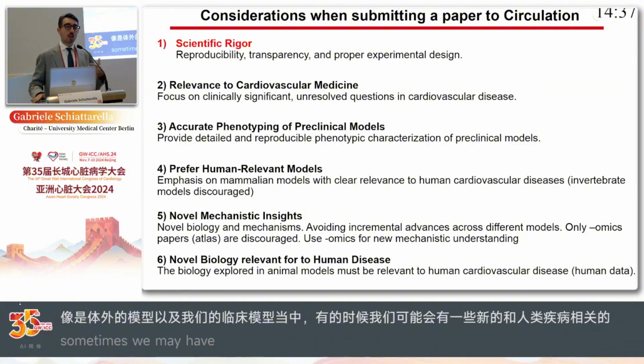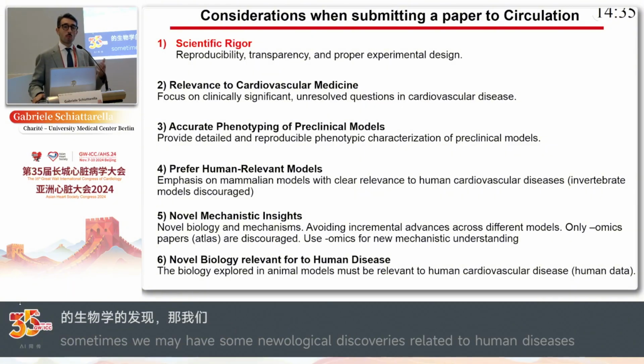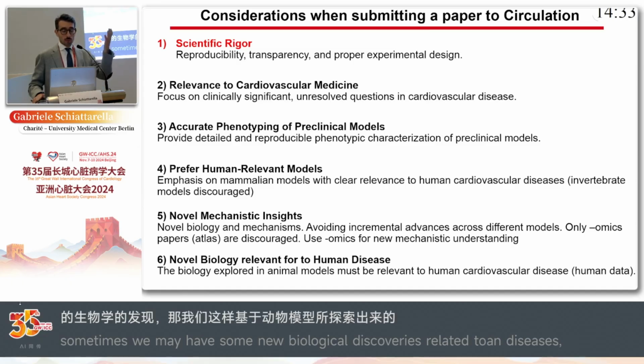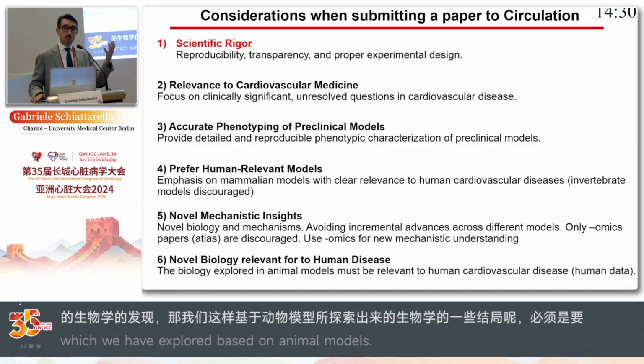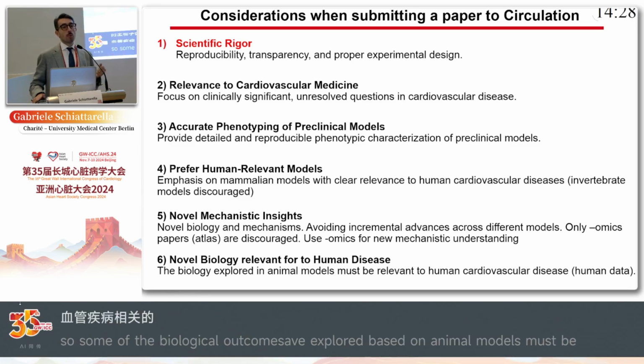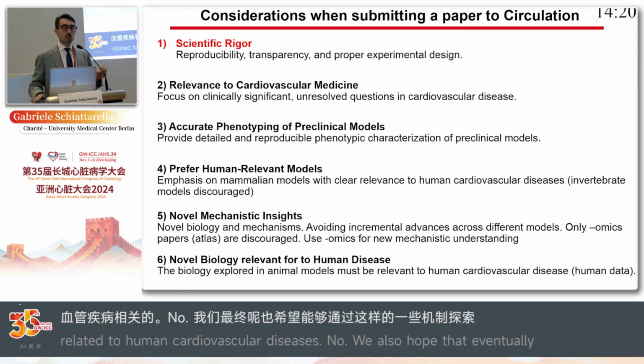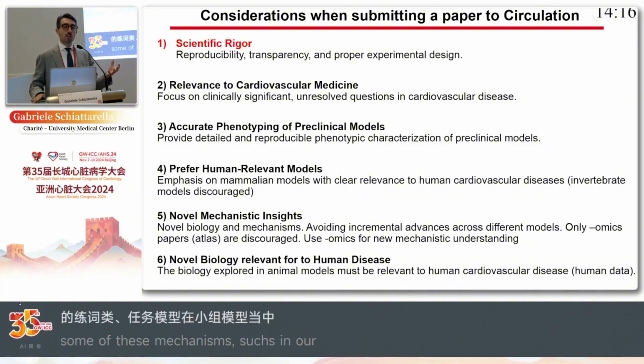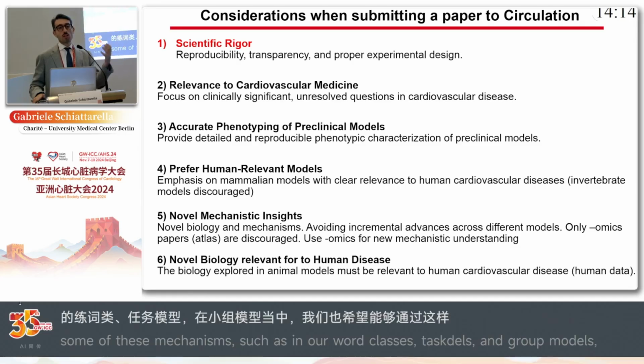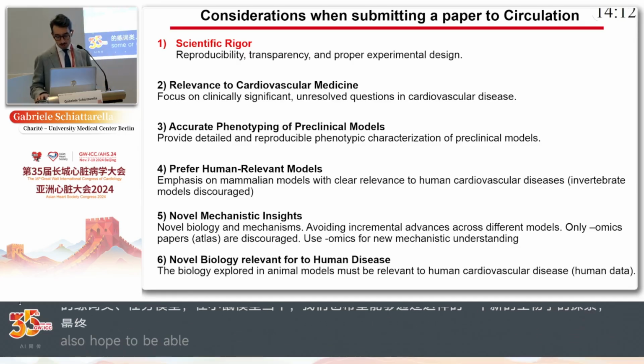We encourage and accept papers with both a top-down approach, where you have a disease, look at your patients, identify a specific association or phenotype, and work out the mechanism in your mouse or other models, and also a bottom-up approach in which you discover a novel biology and you find this novel biology in the human-relevant condition.